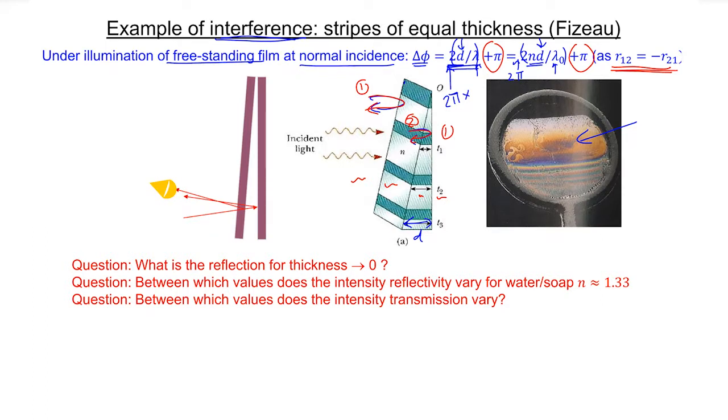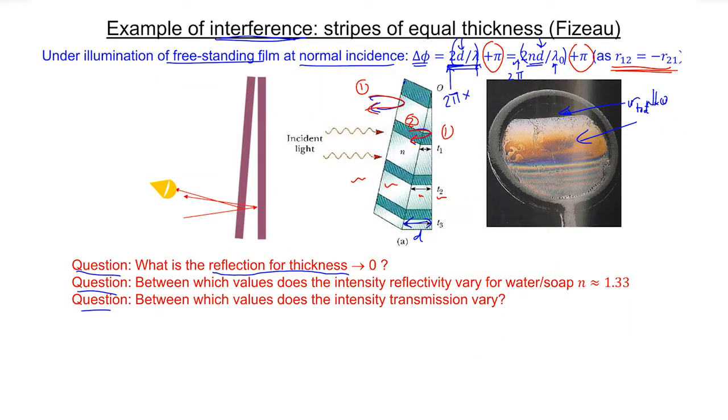So let me discuss a few subtleties here, or intriguing questions you might say. The first one is, what is the reflection of this freestanding film if the thickness goes to 0? Well, you sort of already see it here in this soap film. If the thickness goes to 0, the total reflection goes to 0.